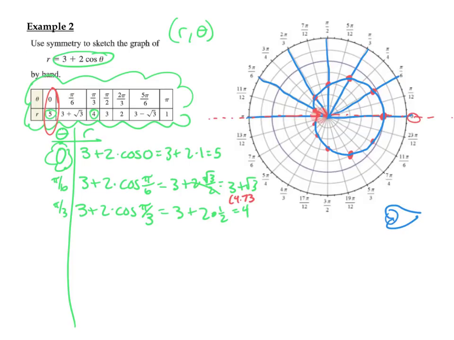So, did we use symmetry to sketch that graph? Yes, we did. We plotted the top half, and then we reflected across the polar axis. And yeah, we learned a new shape called a cardioid, and it's called a cardioid because it looks like a heart.